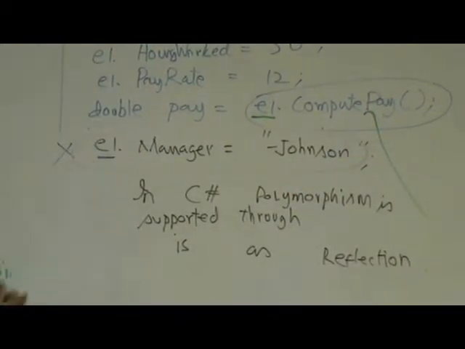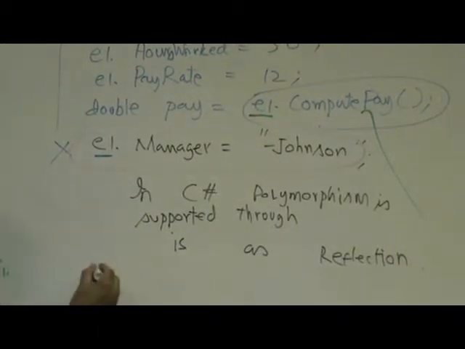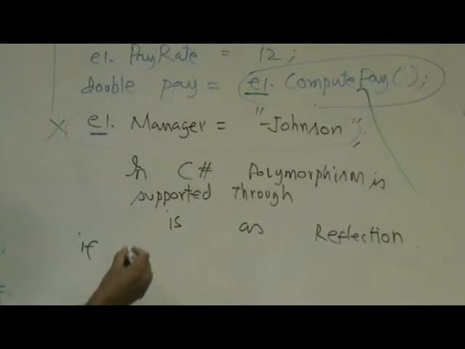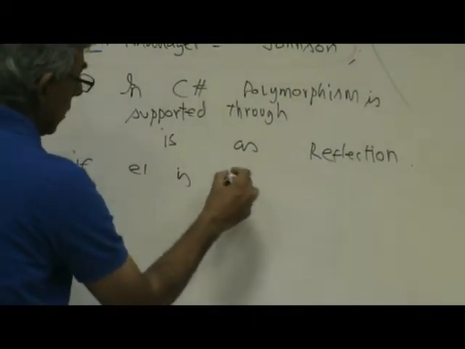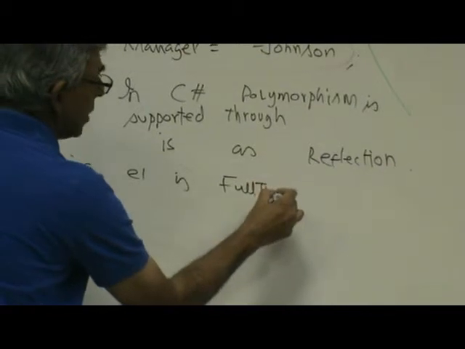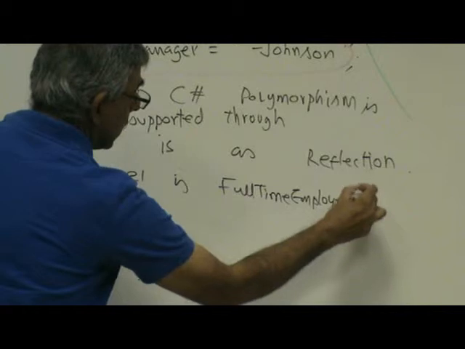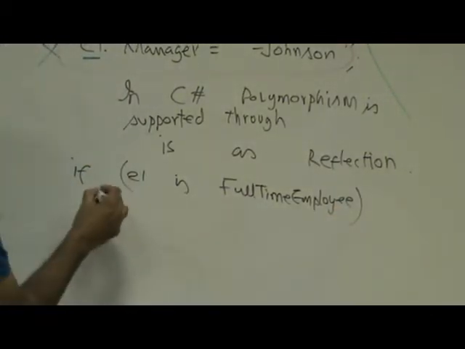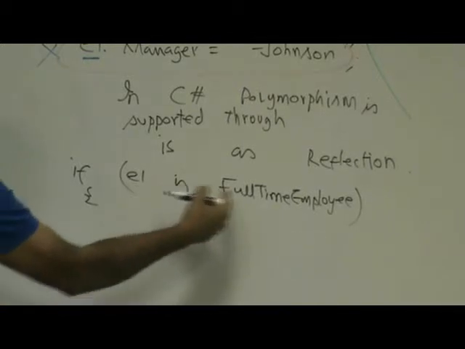So instead of writing it like this, there are a couple of choices. Let me refresh your memory again. We will say if E1 is FullTimeEmployee, so we will check, is it pointing to the full-time employee? Still, we cannot do it even after checking.